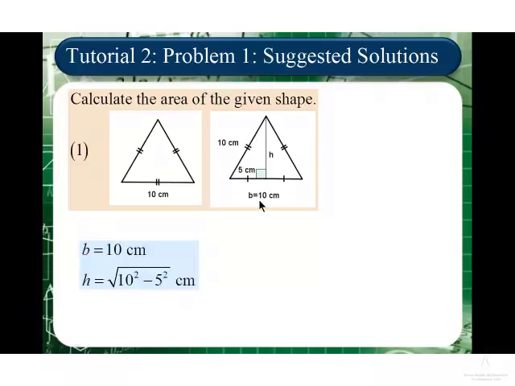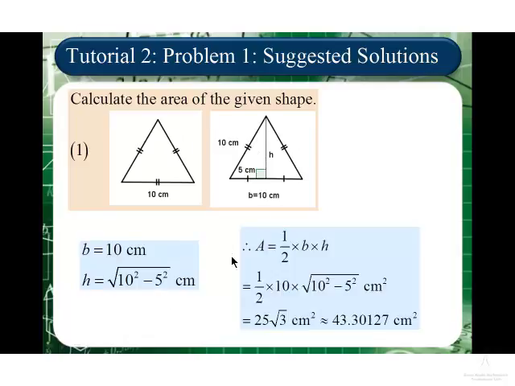So in that case we can now find the length or the vertical height h of this particular triangle by making use of the theorem of Pythagoras. H will be the square root of 10 squared minus 5 squared if you apply that theorem, or the relationship between the three sides in the right triangle as indicated. So the area then will be a half times the base b times the vertical height, substituting what we have established for the height h and the base.